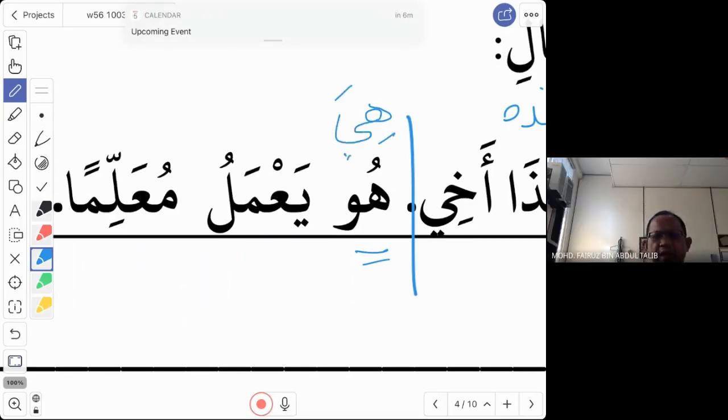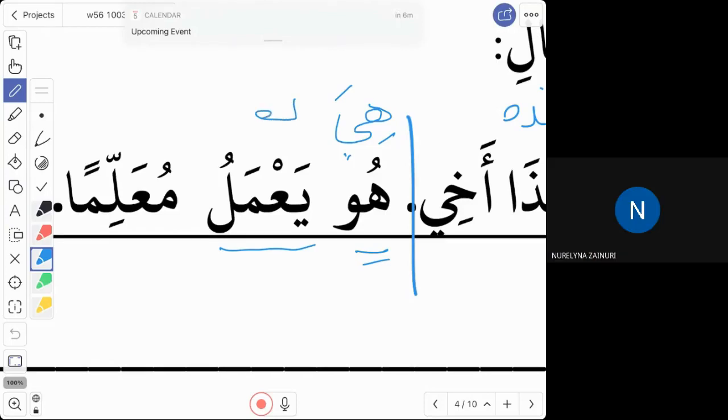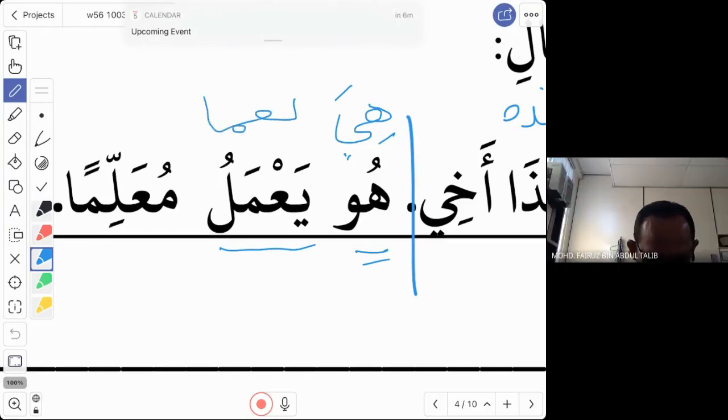Yes, correct. So you choose hiya or huwa. And now we have a verb, the fi'al. Ya'malu, works. For male you say ya'malu. For female, what is the female version of the fi'al? Ta'malu. We don't say ya'malu anymore. We say ta'malu.